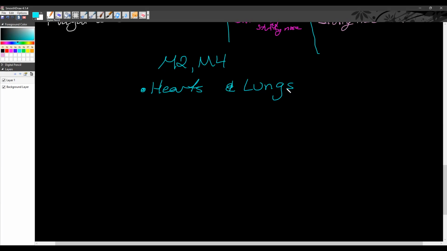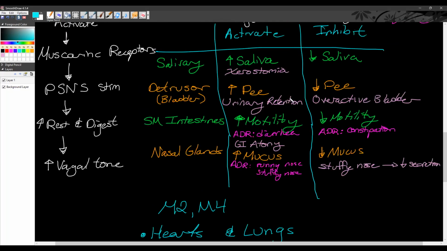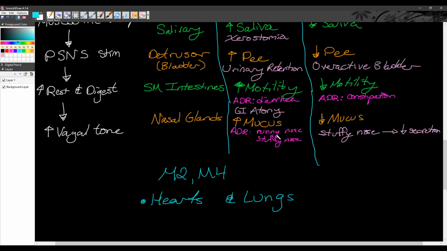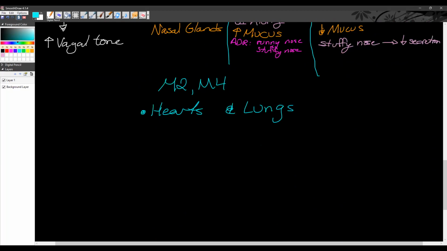In fact, we find a lot of M3, but in very, very small amounts compared to M2 and M4. So if you have a question about what the predominant muscarinic receptor in the lung or the heart is, it's M2 and M4. All right. So M1, 3, and 5 are everywhere else in the body. M2, M4, heart and lungs.